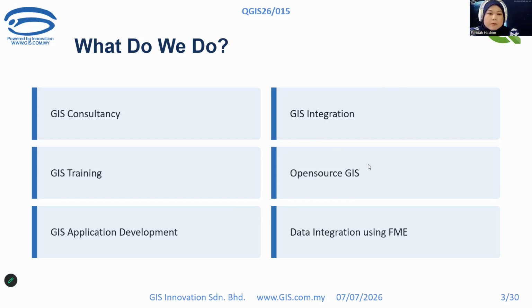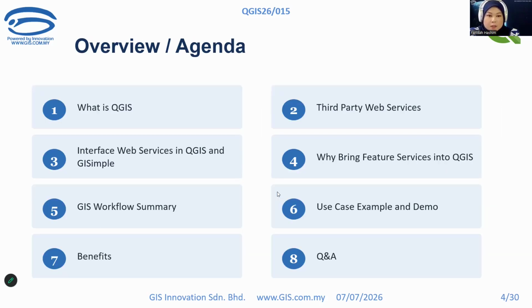Next, maybe we move to the agenda. So, before I hand over the session to our speaker, let's see the agenda for today's webinar. It is very straightforward, and we will start with what is QGIS. Next, we will look at third-party web services. After that, we will show the web services interface in QGIS.